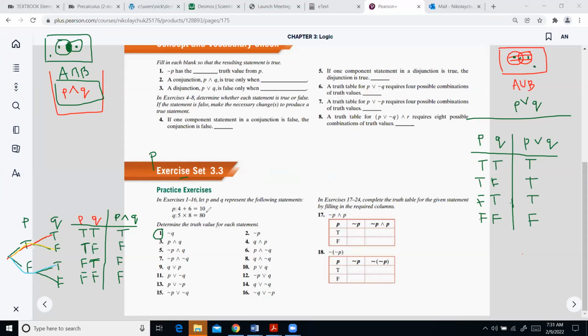It says not P. So what does that mean? For not P, I'm going to have statement P, which is 4 plus 6 is equal to 10, right? But crossed out, right? 4 plus 6 is not equal to 10. Is that right?